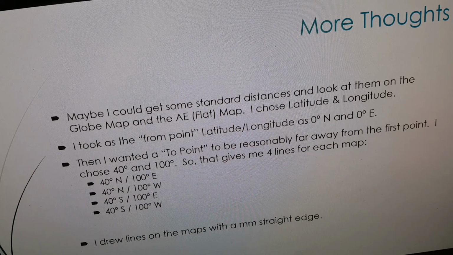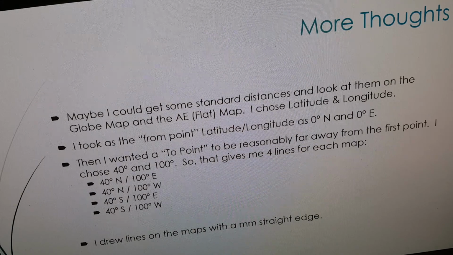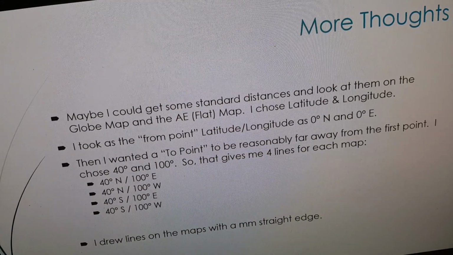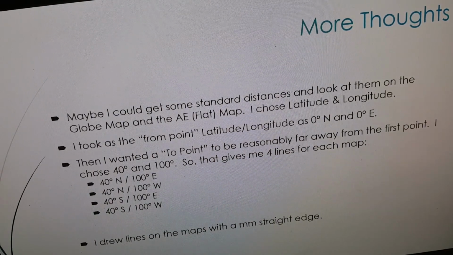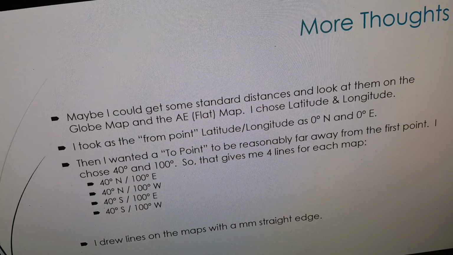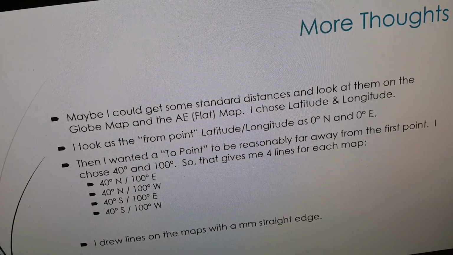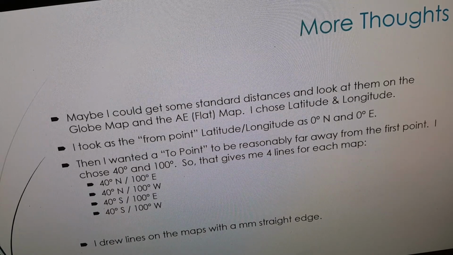So for standardized distances, I figure we should use latitude and longitude. I think everybody agrees that those are valid locations. So I took the from point latitude and longitude as 0 degrees north and 0 degrees east.